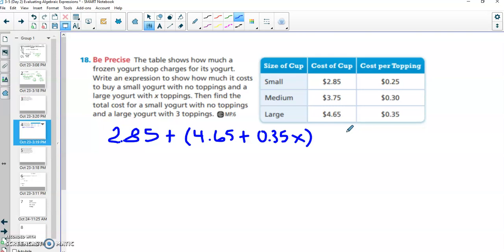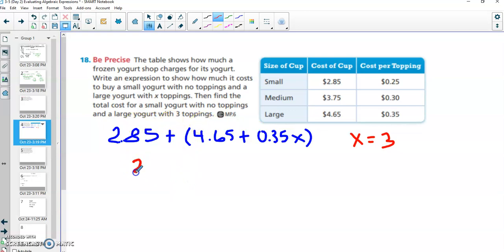Then find the total cost for a small yogurt with no toppings and a large yogurt with 3 toppings. So now, using this, we're going to substitute X with 3. Okay, so the next part is I've made my expression. Now I'm going to pretend that we get 3 toppings with our large. That's what it says there.